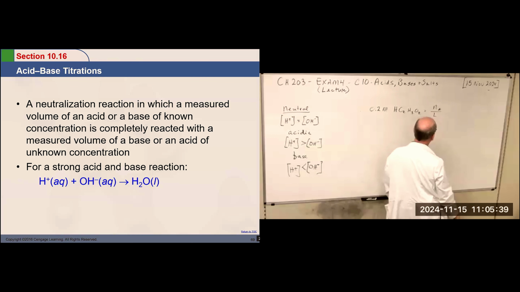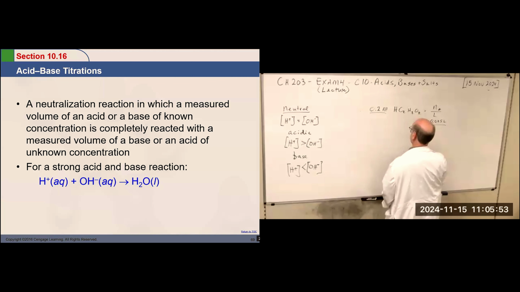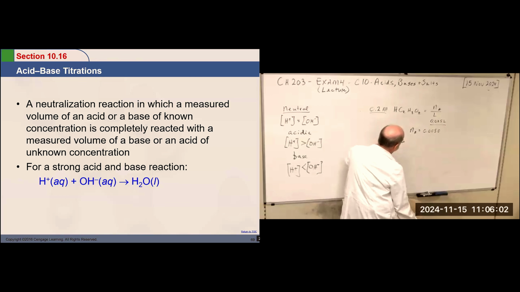Say we used, I don't know, 25 milliliters, which would be what? 0.025 liters. So the moles of acid would be this one times that one. So 0.2 times that, 2/10. So that would be 0.0050, right? Moles.